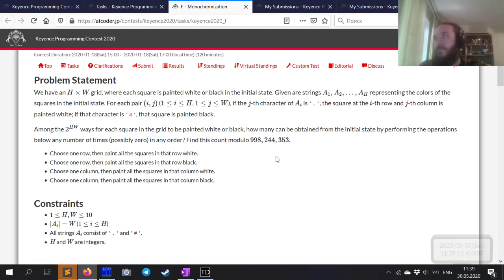Okay, so we have the initial, sort of the starting configurations, and then we can apply some operations to that, which is choose a row or a column and then paint everything in there either white or black. Okay, so we can only apply some operations, we can only repaint the old colors as many times as we want.